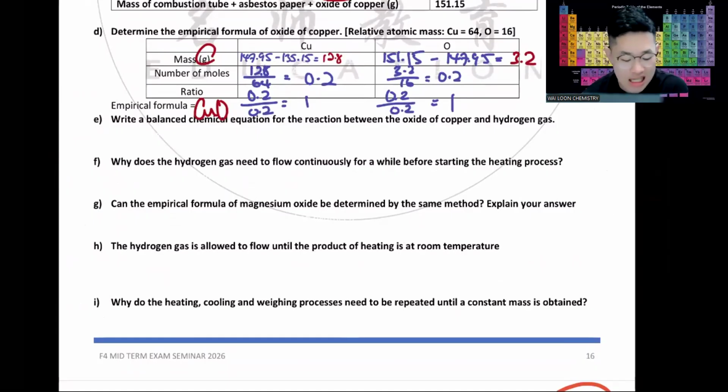Okay, then the next question, E. Copper oxide reacts with hydrogen.